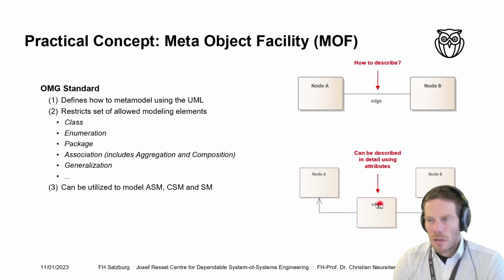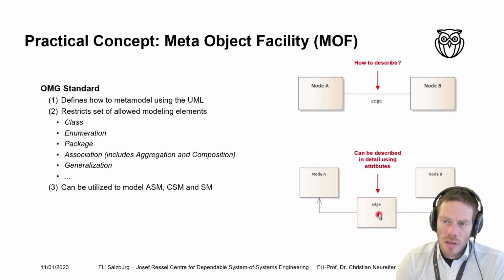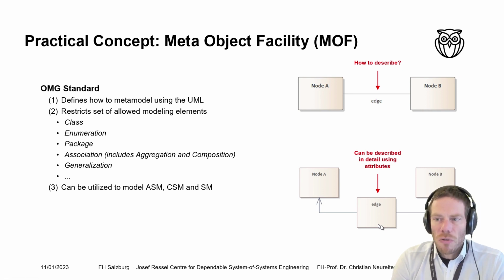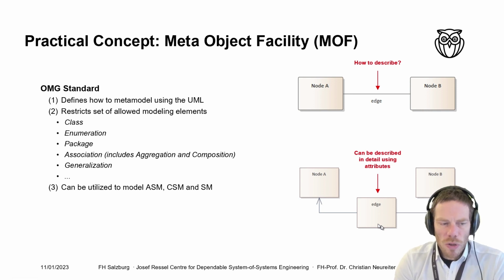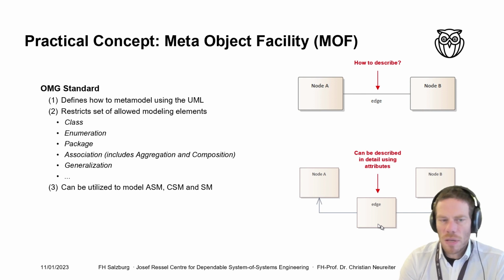So for the specification of our meta models, we rather prefer to rely on the Meta Object Facility, which also introduces a concept where edges, like here, are described by means of a node, and this node is of type edge, and it gives us the option to introduce further properties of a particular edge. But this is just a small detail. Again, if you are interested in the development of DSLs, there is plenty of literature available. This should just show you the fundamental concepts that we are using.